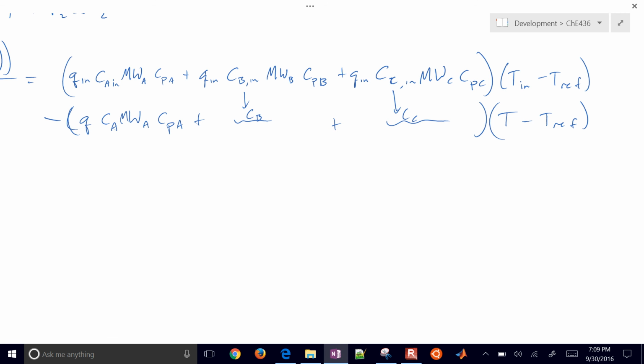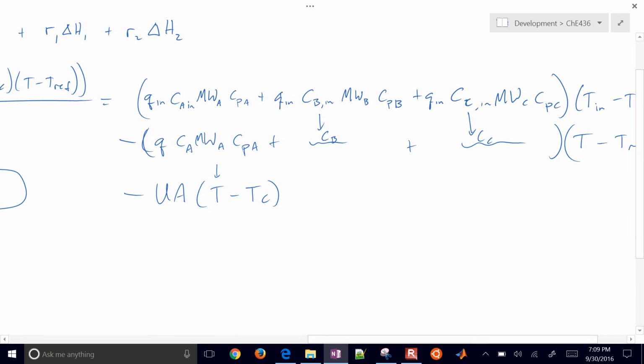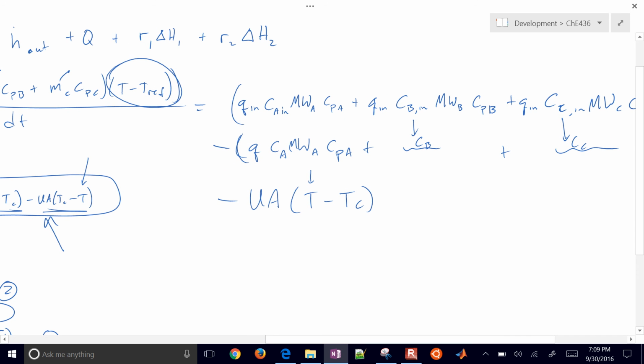And then we're also going to have the heat leaving from the cooling jacket. So we have TC. Let's see if the sign works on this. I never remember if this is plus or minus. If the temperature is hotter inside the reactor, then we would want this derivative to go down. So we would want a negative sign right there, so that is the correct sign.